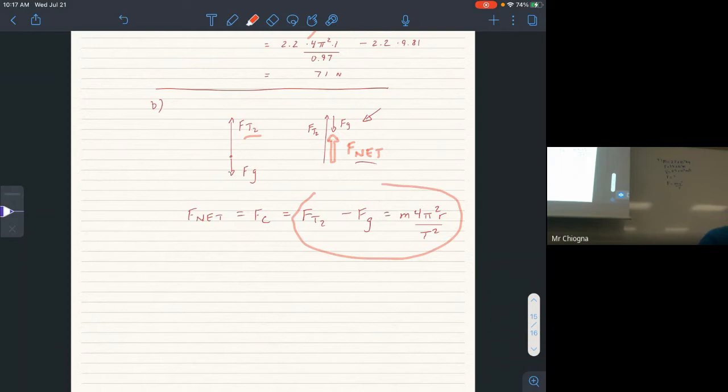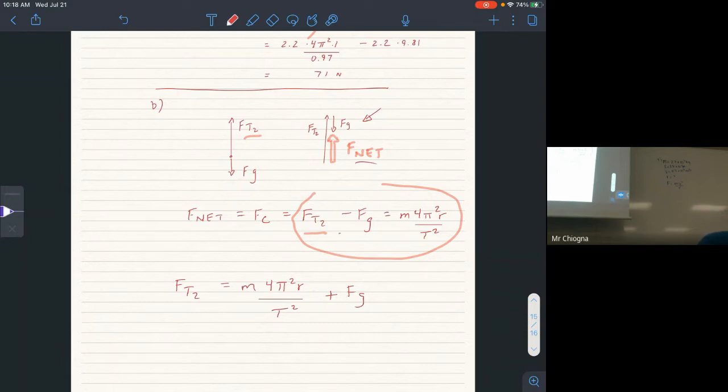You're going to rearrange for FT2. You're going to now add the FG, not subtract it, on the right side.